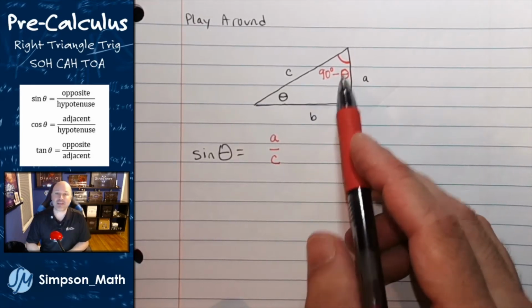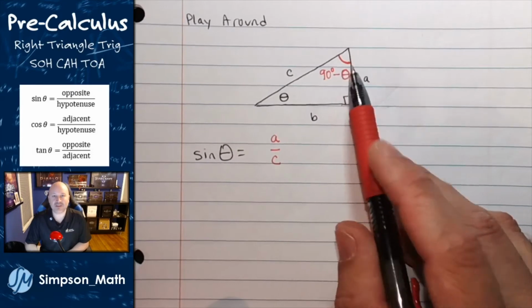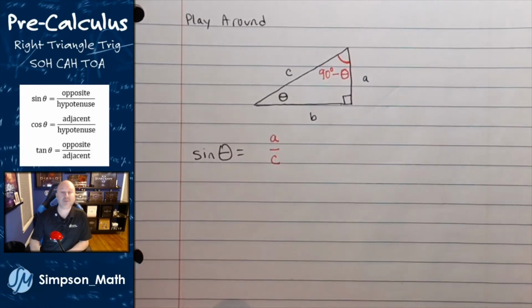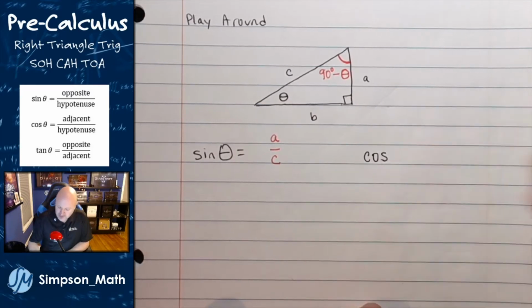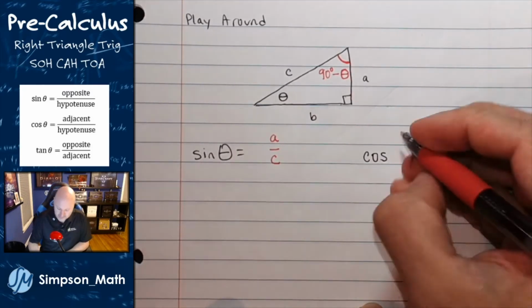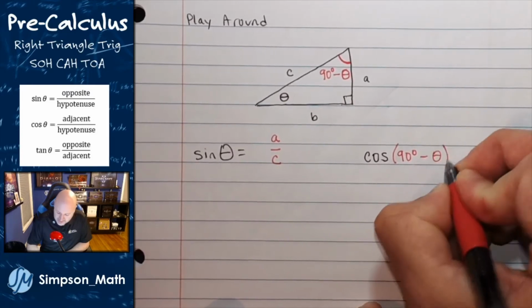But 90 degrees minus theta should be the measurement of this other angle. So now I have a new question for you. What is cosine of 90 degrees minus theta?